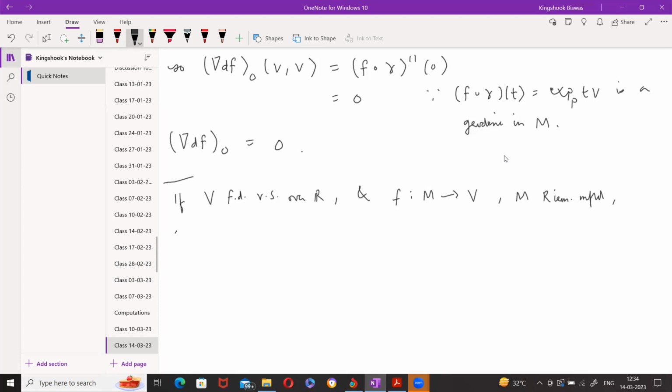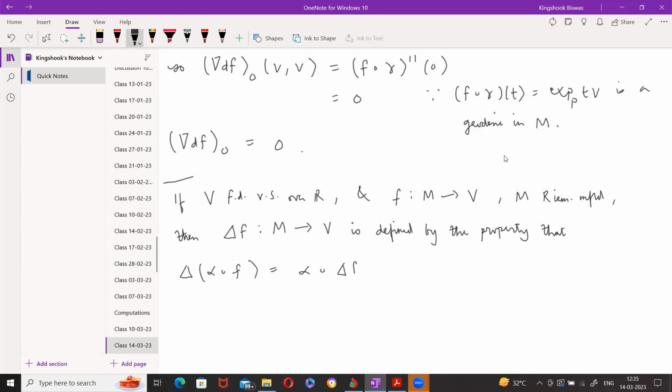Okay, then the Laplacian of F, this is a smooth map from M to V, is defined by the property that Laplacian of alpha composed F is equal to alpha composed Laplacian F for all alpha in V star.